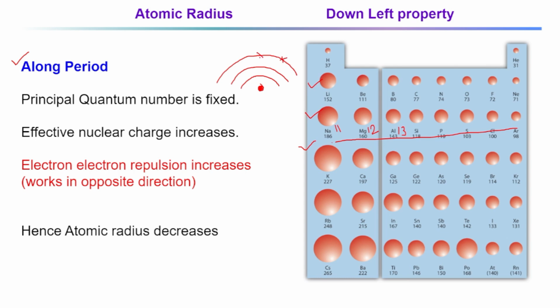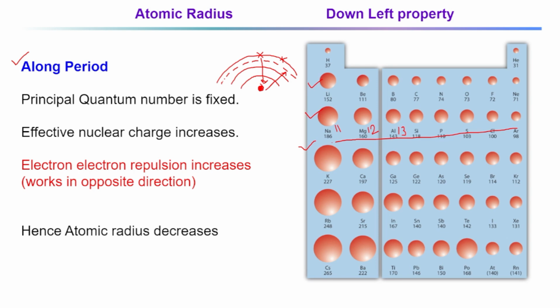These electrons will come close and feel more and more attraction as the proton number increases. So the outermost shell will shrink, and the radius, which tells the distance from the center of the nucleus to the outermost shell, will decrease.